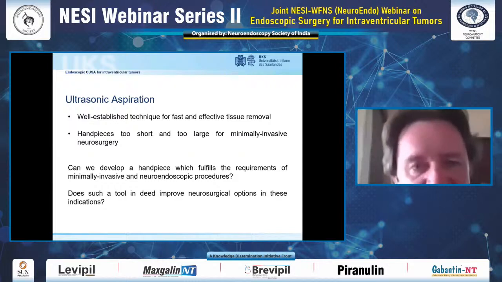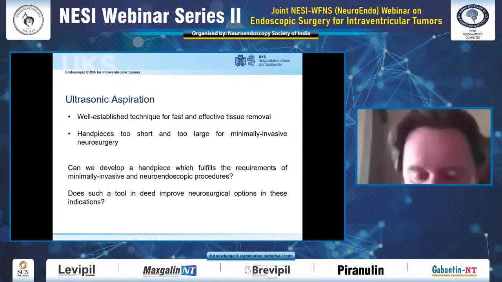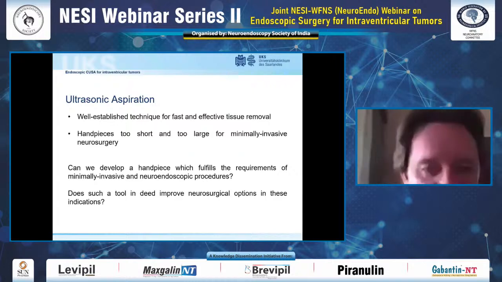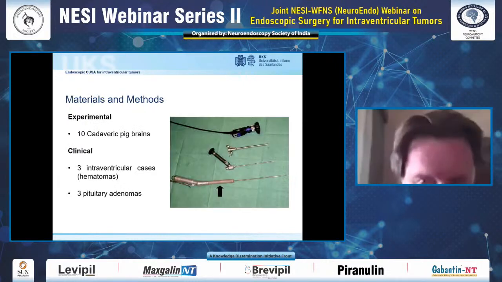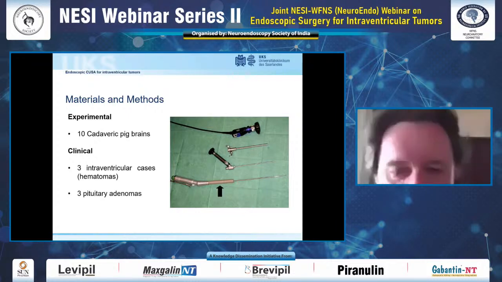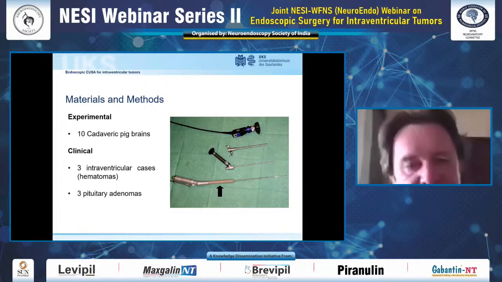In the beginning, when we developed this instrument, we thought about whether we could develop a handpiece which fulfills the requirements for a minimally invasive and endoscopic procedure. Does such a tool really improve the neurosurgical options in these indications? This is already more than 10 years ago. We developed a prototype with a company in North Germany.